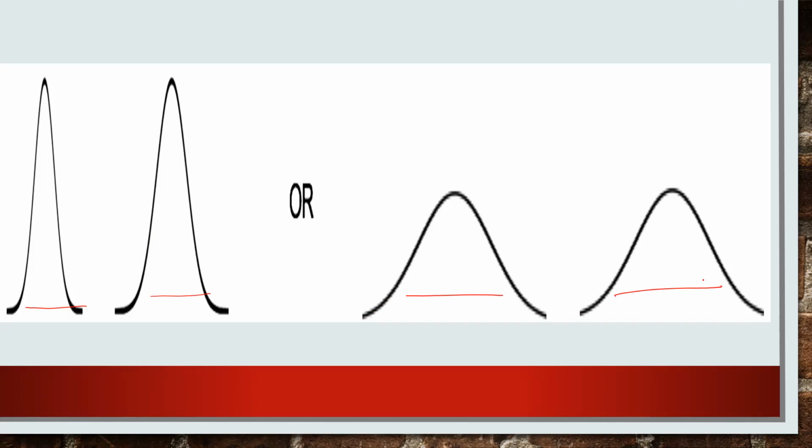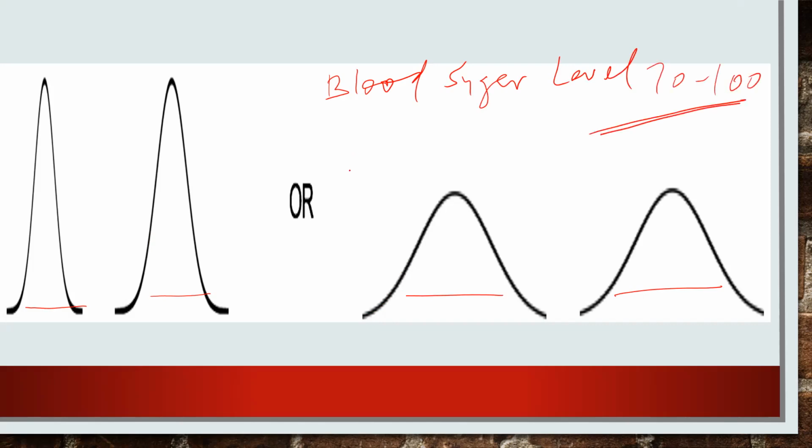Let me give you some examples from the real world. Normally, what is the blood sugar of a person? Can you tell me? Blood sugar level? It should be 70 to 100 normally. Okay. What is the BP range? Blood pressure. It is normally 120 to 80.